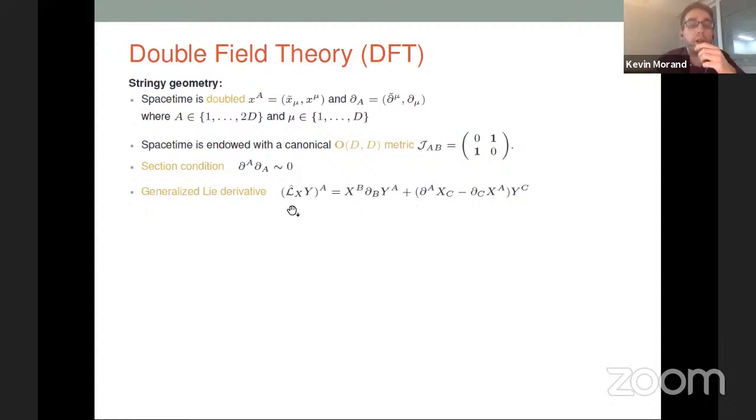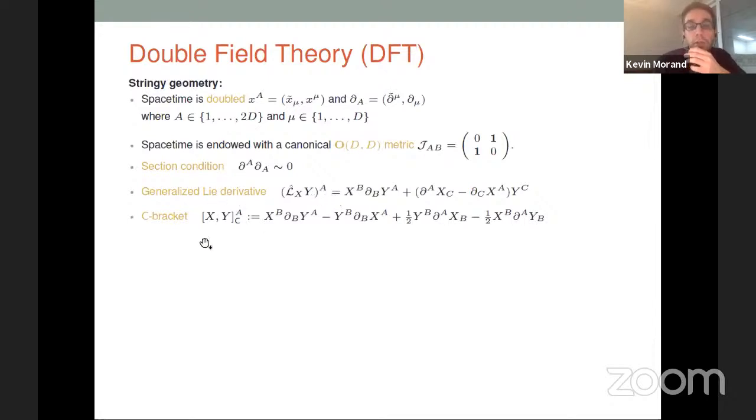So here, this is a generalized derivative in double field theory, where you see there is an additional term with respect to the usual derivative, which is obtained by raising some index using this metric. So this metric should not be thought of as the metric structure, but really as a part of the fundamental geometry.